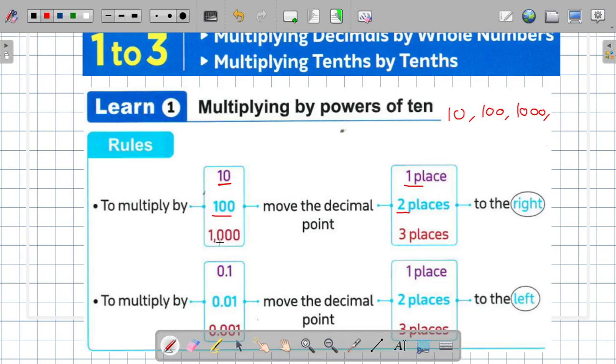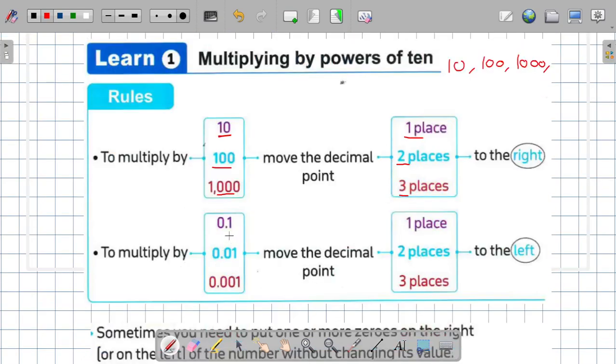And if I want to multiply by 1000, I will move the decimal point three places, and all of them to the right.